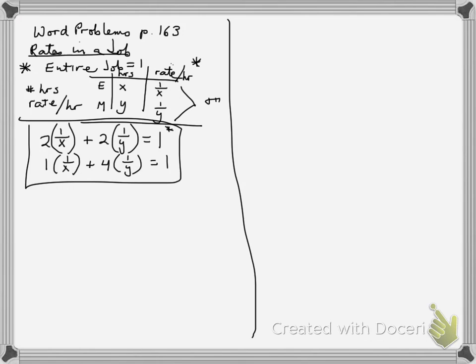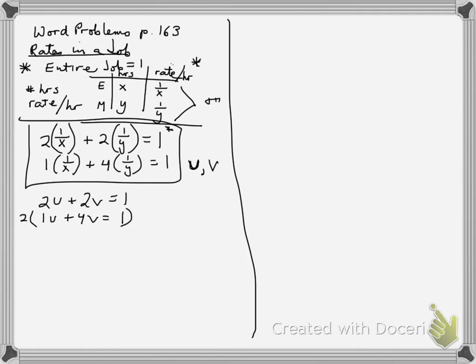You're halfway there. Now recall that if it's 1 over x and 1 over y, we're going to use the UV technique. So this will be converted to 2u plus 2v equals 1, and 1u plus 4v equals 1. So we'll go ahead and multiply this by 2.